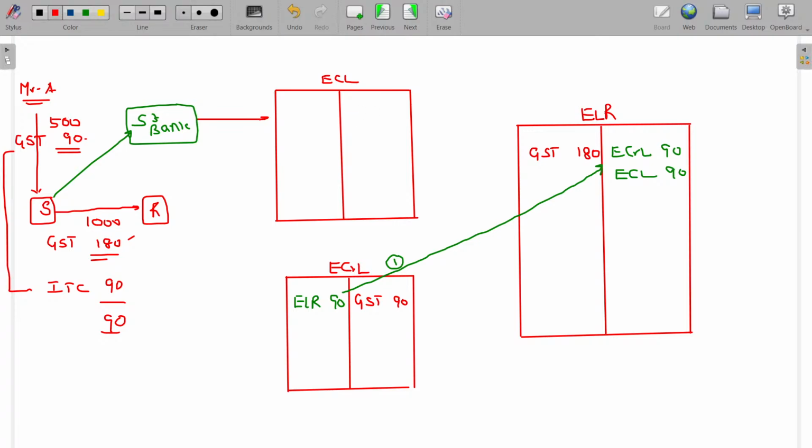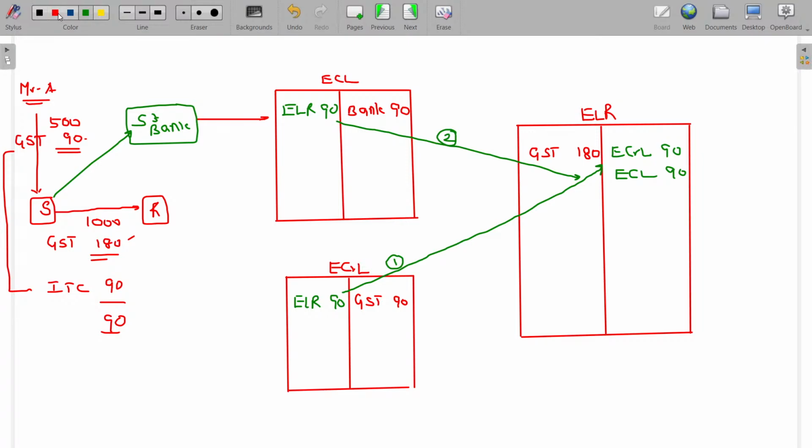So here bank account, how much? 90. Now he has to pay this amount, electronic liability register, 90. This is the second priority. Clear? Second priority.